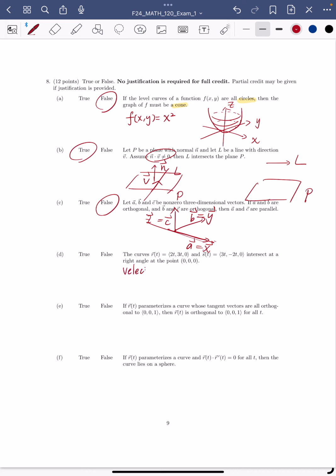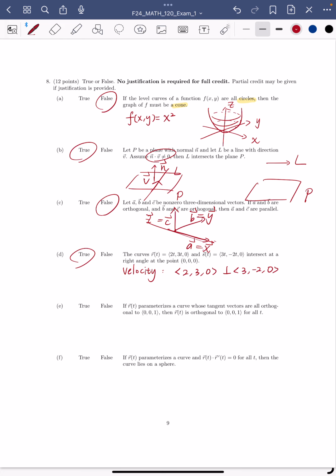So velocity of R, I have 2, 3, 0, and 3, minus 2, 0. Okay, they're orthogonal, yes, at time 0. So, yes.